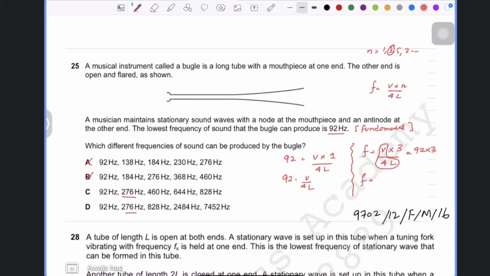And then the next one will be V times 5 over 4L. V over 4L is 92, so 92 times 5 is 460, so C is the correct answer, D isn't. Is it clear, everyone? It's as simple as this if you just look at it in this particular way. Get it?